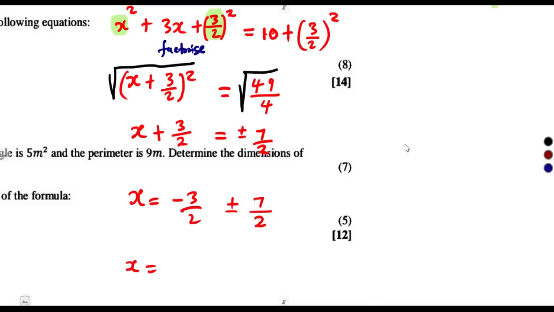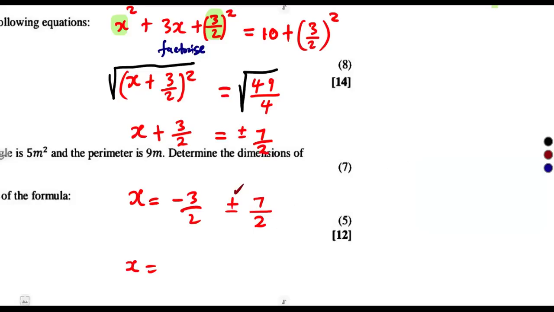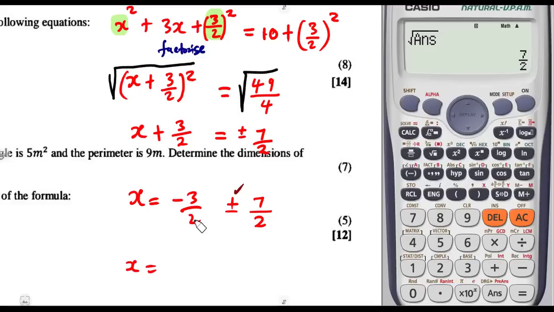You can even try to write it as a quadratic equation, the way you write your quadratic equation, where you combine your terms, this and that. But in this case, guys, you've already separated. It's enough. So you can even separate our sign. Plus, another one carries a minus from there. So let's start with a plus. That's minus 3 over 2 plus 7 over 2.